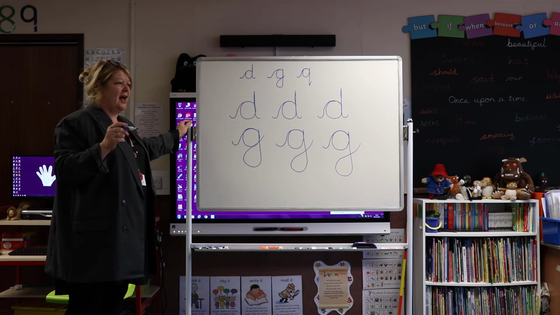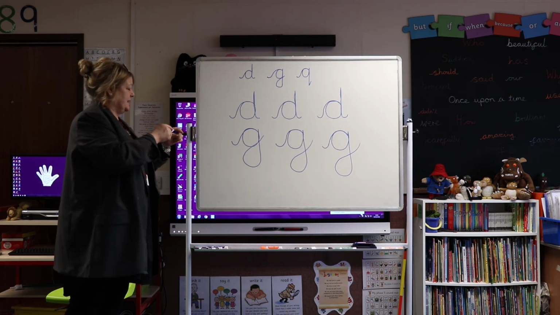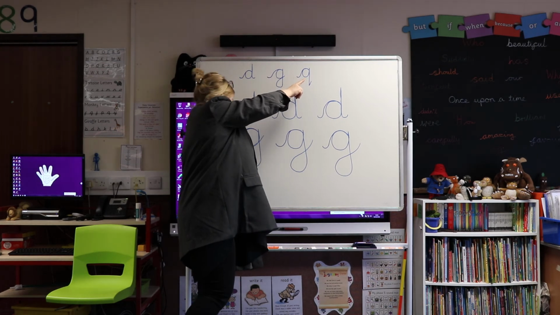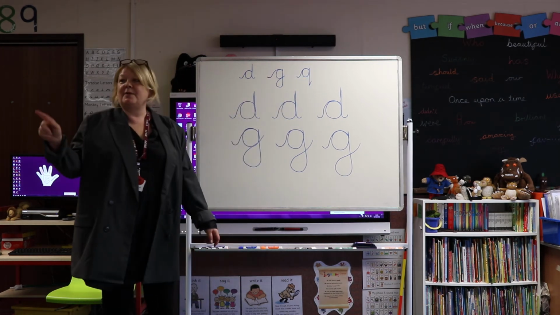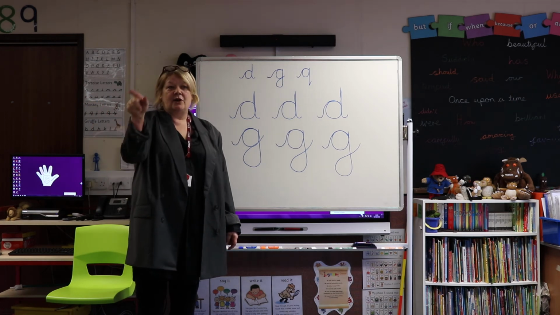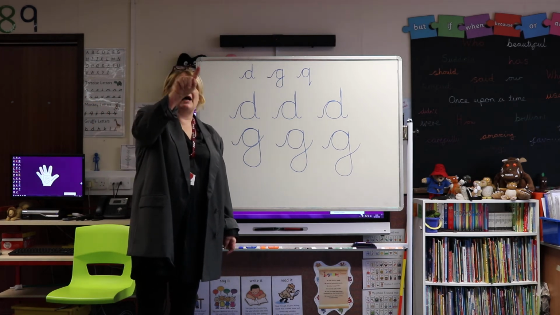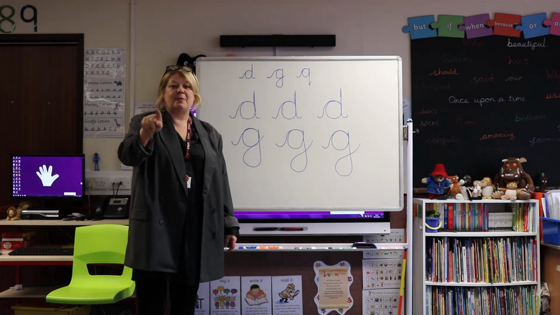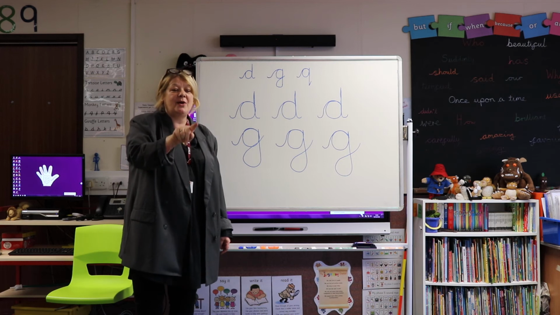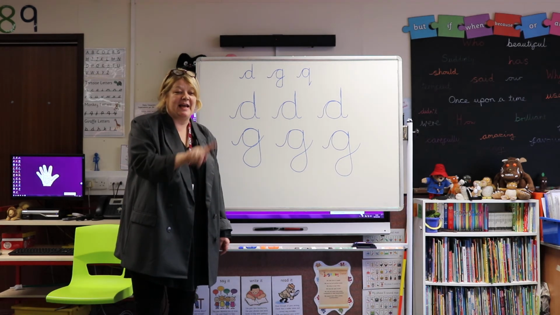Oh, I haven't left much space for my next letter, which is a lowercase q, and it starts in the same way. Can you see? Starting with your lead in, round to 2 o'clock, back to 10 o'clock, keep on going, looks like an A, go down below the line and a flick.